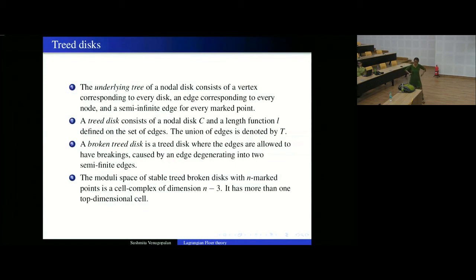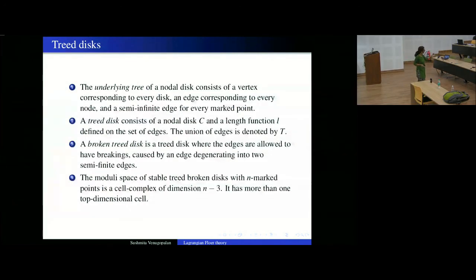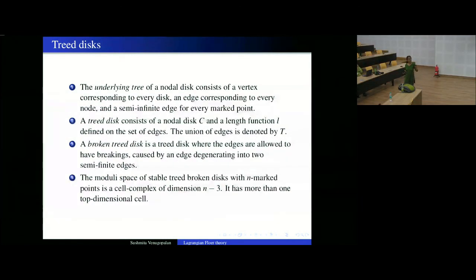Okay, so now I describe the next kind of augmented domain, the more complicated domain, in which besides disks, we also have one-dimensional segments. Those are called tree disks. What I do is I look at the underlying tree of a nodal disk.